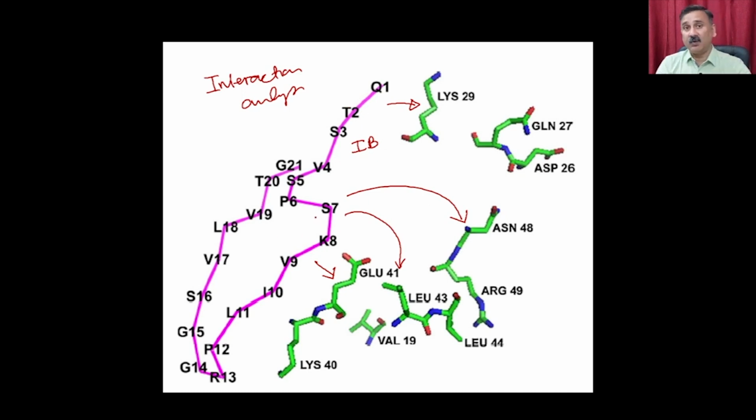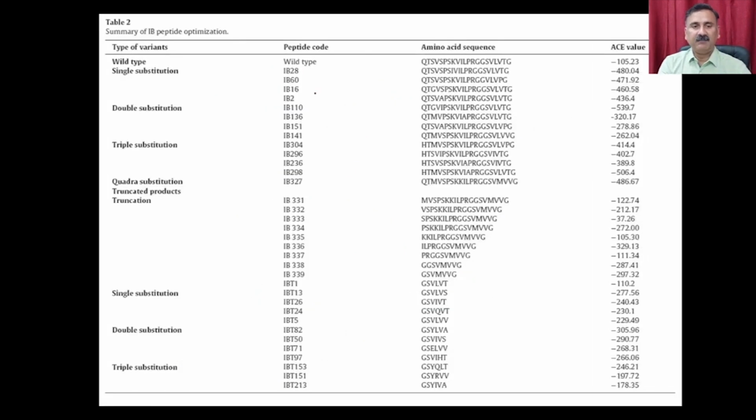Remember that when we were talking about receptor based inhibitor design, we started designing the fragments. So we took the wild type molecule, which is the IV peptide, and then we started modifying the fragment. We first started making mutations in the main chain.